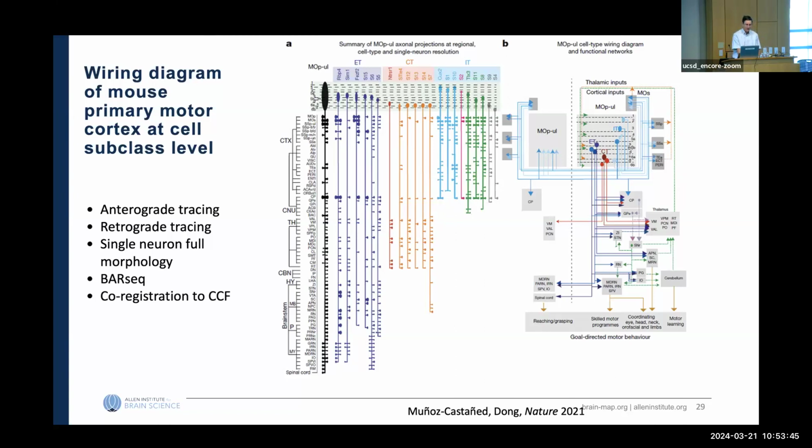So, yeah, Hongwei's approach is, he's very interested in constructing wiring diagrams. What wiring diagrams mean to him is that they look at anatomic regions and use viral and other techniques for tracing.